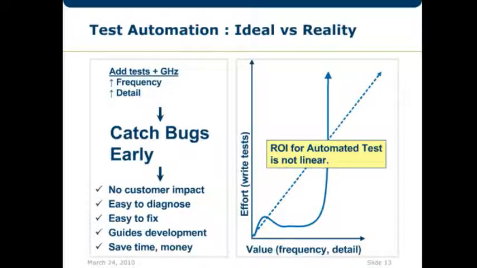You hit some walls where at a certain point it just doesn't make sense to automate anymore because you're just not finding more things. You're putting way too much effort in for that last bit of coverage where maybe some manual testing could cover it. But there is an ROI and there is a slope. It's just that at a certain point you hit the wall.